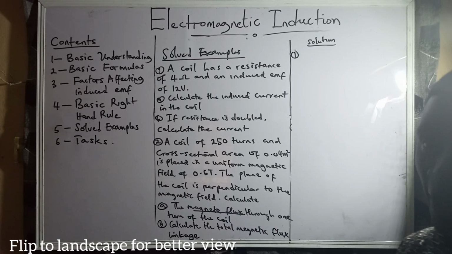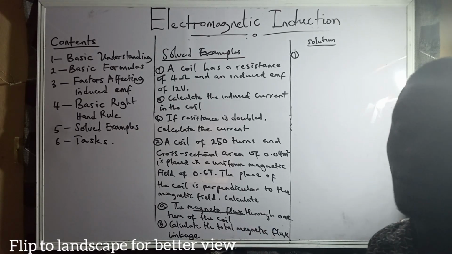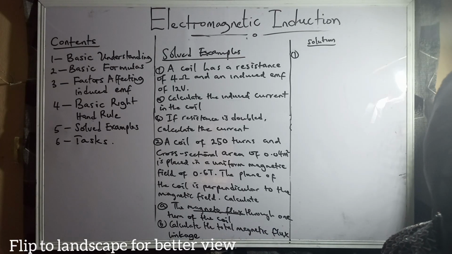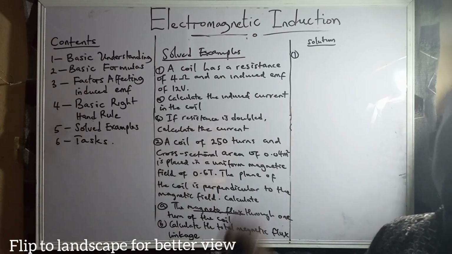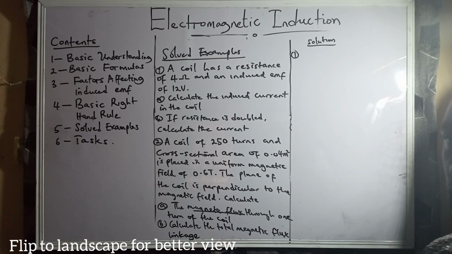You already know what you have and what you don't have. Then the second thing is to understand what they ask you to find. Don't start looking for what they don't ask you to find. Don't start solving what you are not asked to solve. So first of all, list the parameters that you are given and understand what you are asked to solve. And then you are good to go.